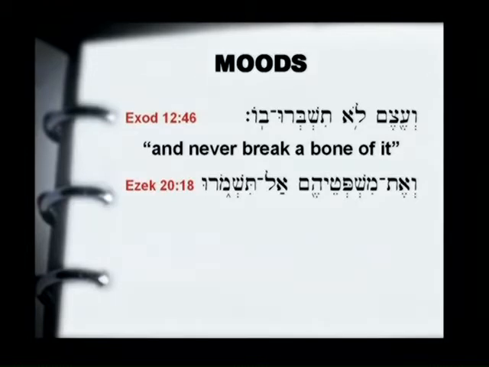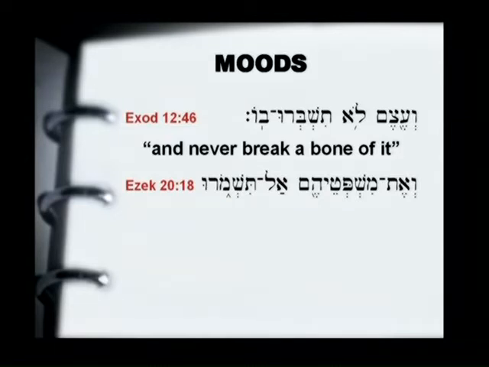All right? So what does this mean then, putting it all together? Anyone? Tom? And the judgments they did not keep? Notice that tishmoru is second masculine plural. You, plural.